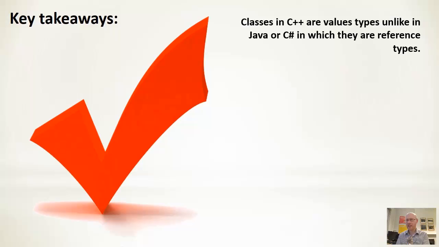That gives us a number of advantages. If we want a short-lived object that just lives on the stack, we can do that. But it also introduces additional complexities that we need to be careful with whenever we are assigning one object to another. There are a few additional constructors that come into this that we will have to take into account, and we'll be looking at those shortly.